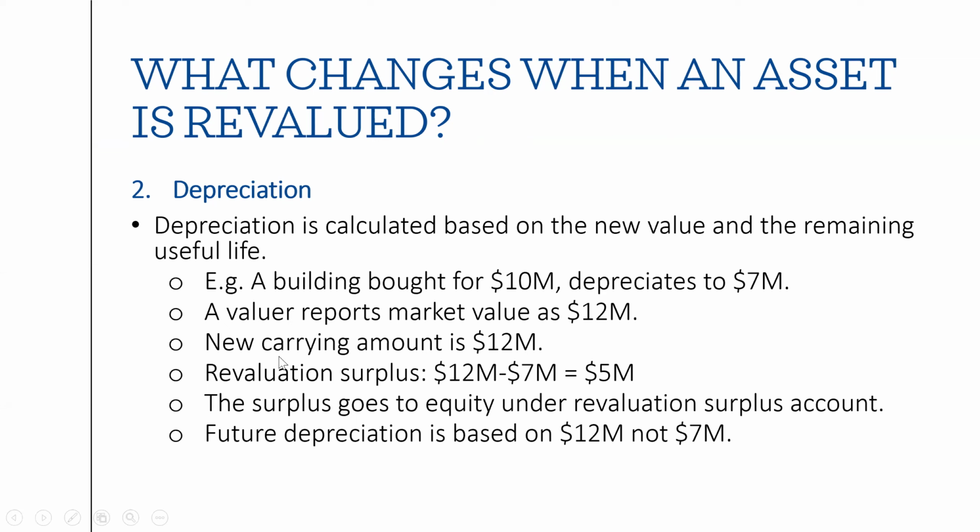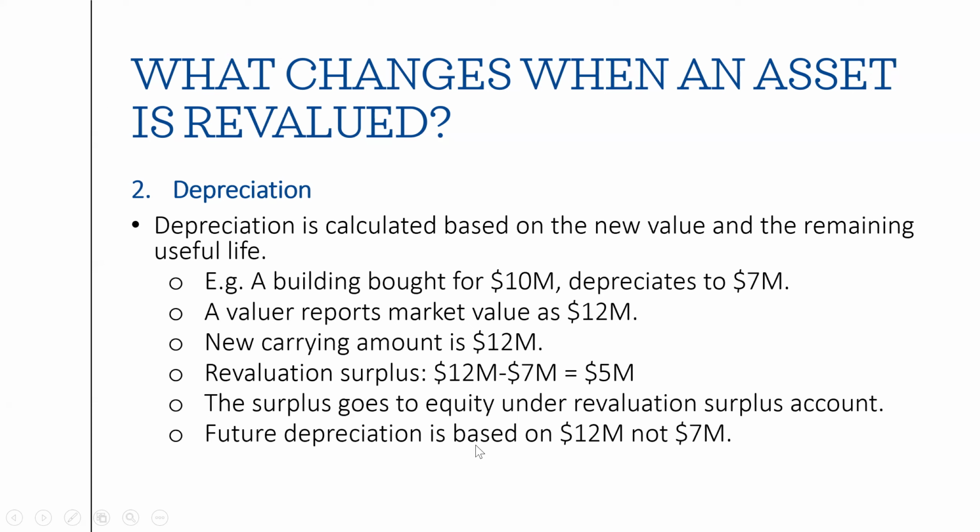The new carrying amount is 12 million and the revaluation surplus is 12 million minus 7 million, which is 5 million. The surplus goes to equity in a revaluation surplus account.